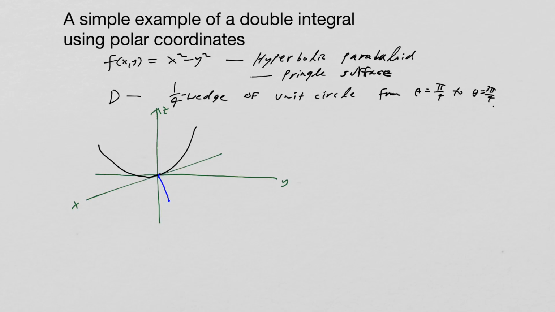We're looking at that unit circle wedge that sweeps out like that, from theta is equal to pi over 4 all the way to theta is equal to 3 pi over 4. So there's that 1/4 wedge, okay? So this is my set D that I want to integrate over.